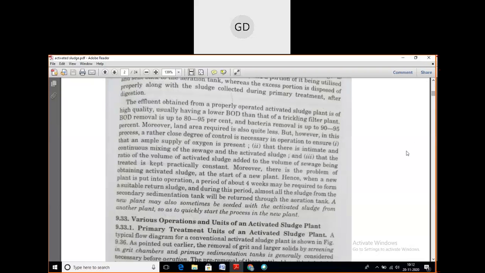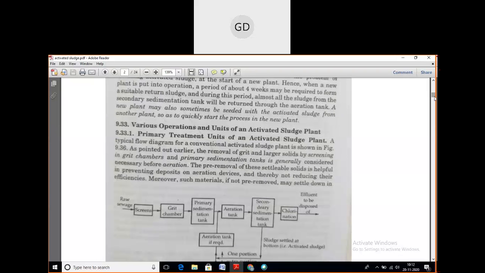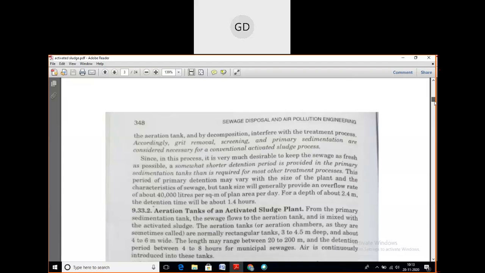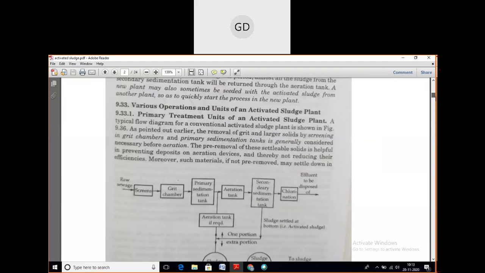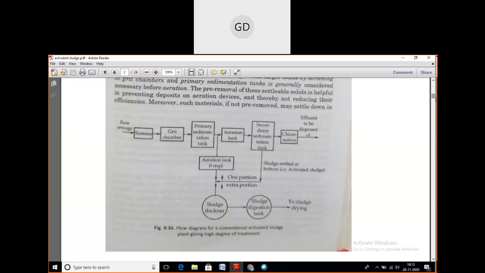Now there are different operations and units of an activated sludge plant. This is the flow diagram for a conventional activated sludge plant giving a high degree of treatment.